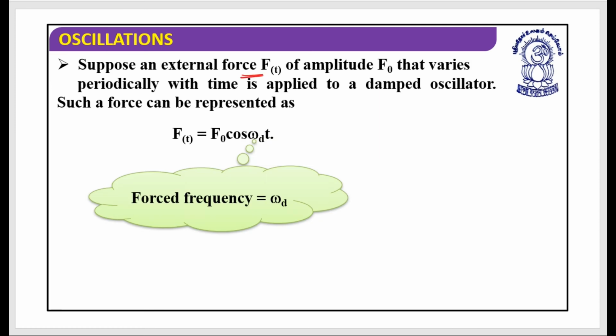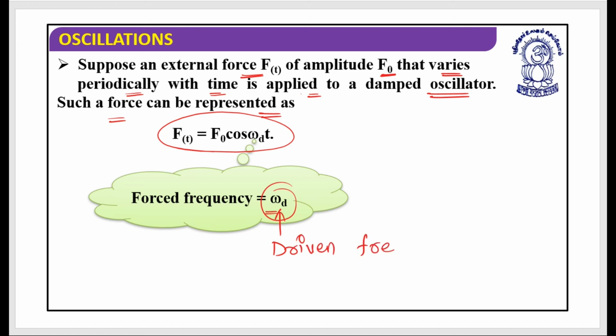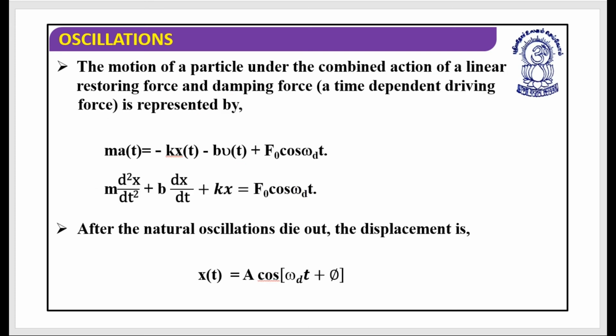Suppose an external force F of amplitude F naught that varies periodically with time is applied to a damped oscillator. Such a force can be represented as F equals F naught cos omega t, and the force frequency, sometimes also called the driven frequency, is omega d.